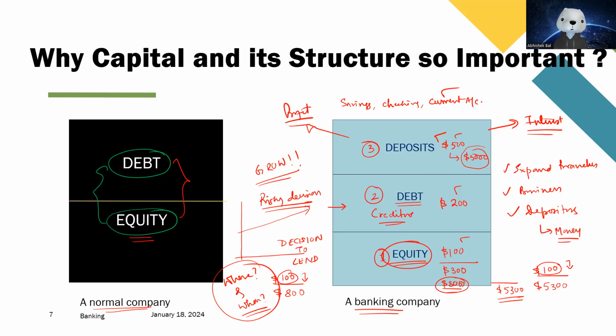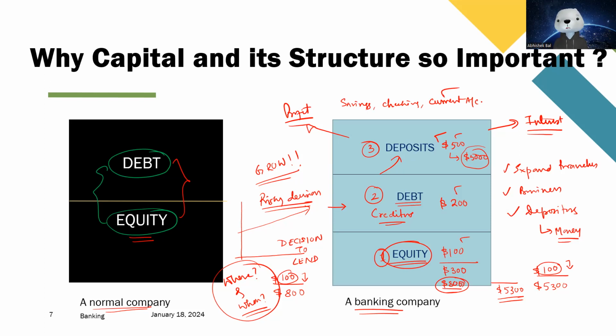And that is where the trouble might actually brew, because if those risky loans go bad, it is not only the promoter who is going to lose the money, but it may directly affect the depositors, whose entire interest is limited to their earning of interest from the bank itself. Remember, the depositors do not participate in the bank's profit or loss.